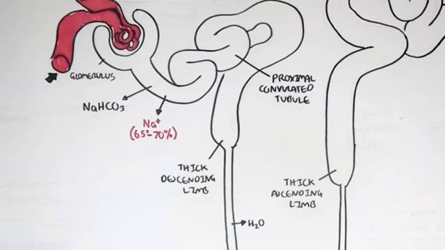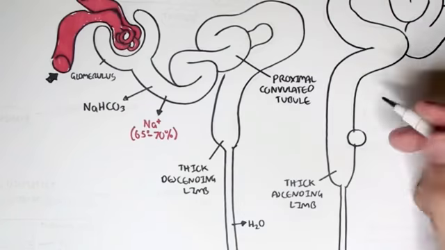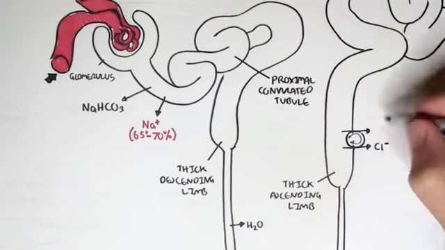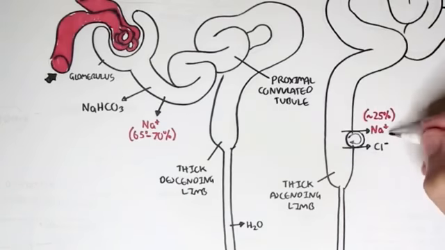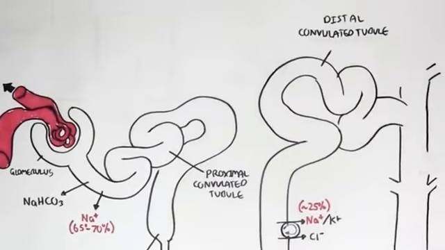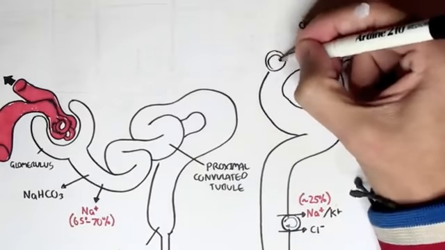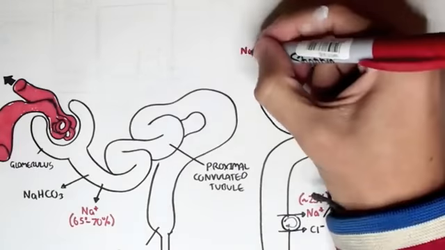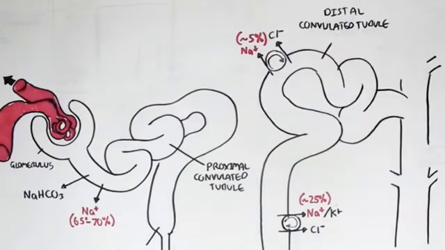And in the thick ascending limb, we have a transporter, a symporter, which reabsorbs sodium, potassium, and chloride. About 25% of sodium is reabsorbed here. And then in the distal convoluted tubules we have another symporter, a transporter, which reabsorbs sodium and chloride ions. About 5% of sodium is reabsorbed.